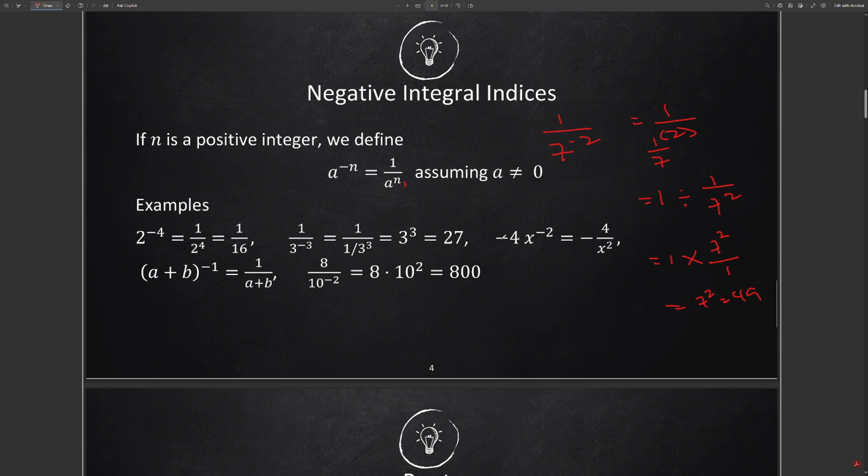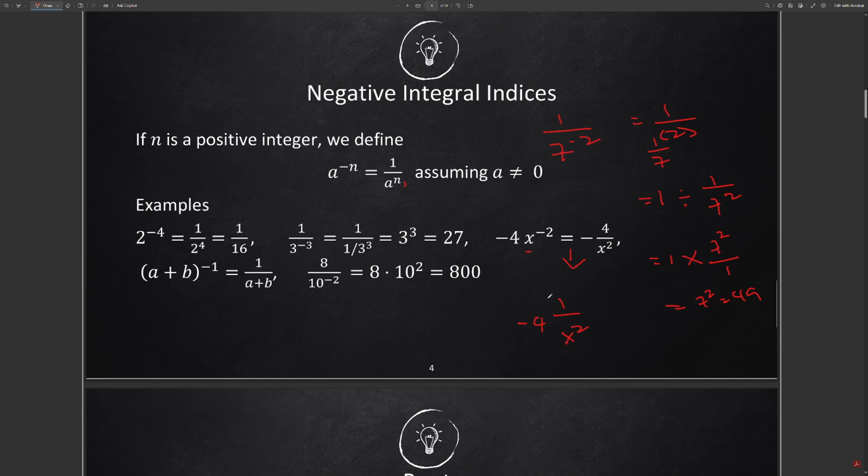We could also have a negative sign in front. Now when we have a negative sign in front of the number here, this is different. Notice we have an unknown here in x, but it doesn't matter to us. The rule says put it like a reciprocal. So really and truly, this part here is negative 4 times x to the power of negative 2, which is 1 upon x squared.